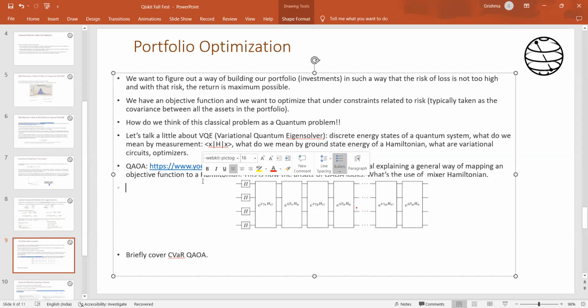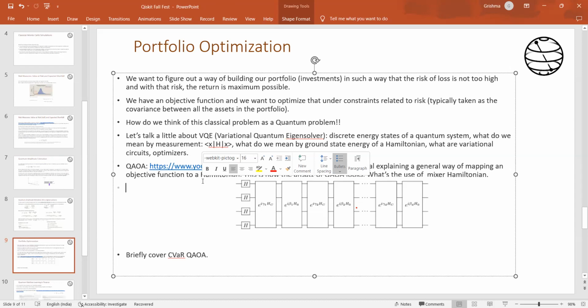The classical optimization might be familiar to a lot of you. You have an optimization problem, you have constraints, and you want to solve that problem. You have several classical approaches, and even several classical ways of doing it through programming.